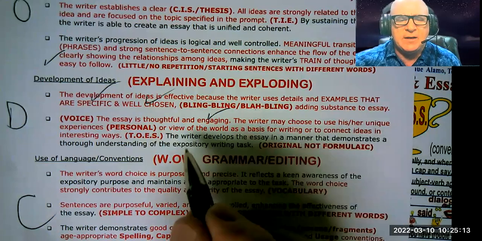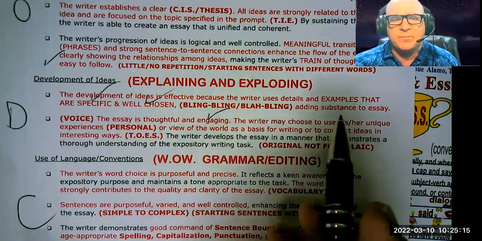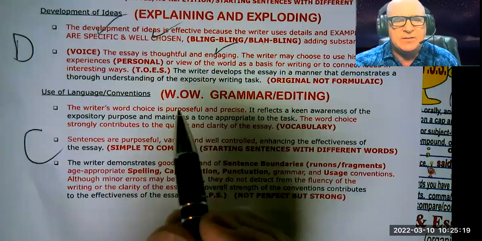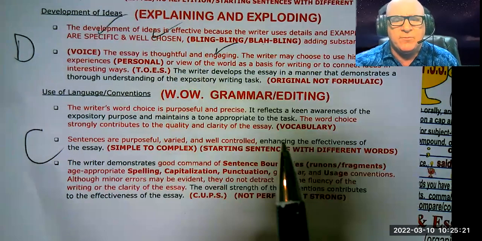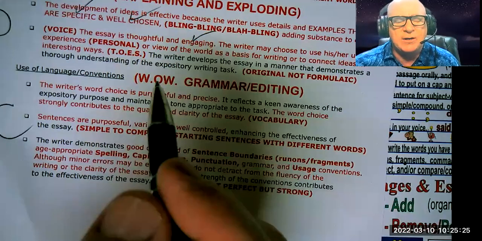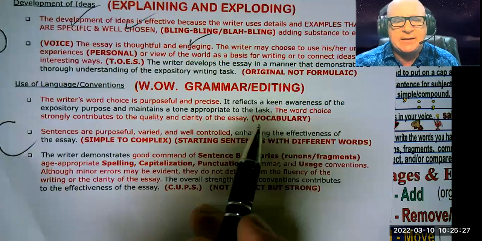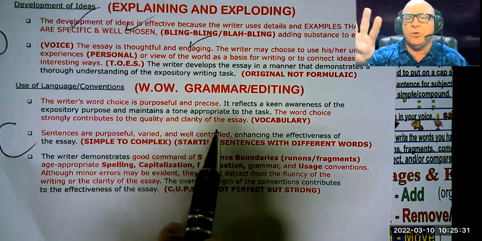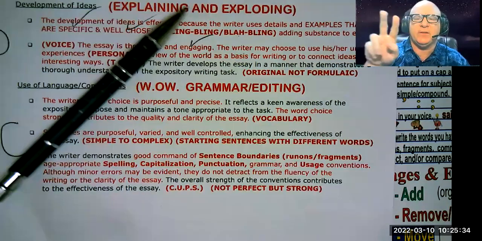And why am I saying what I said about exploding? It says down here for vocabulary, the word choice strongly contributes to the quality and clarity of the essay. So that's why it says choose your words carefully.